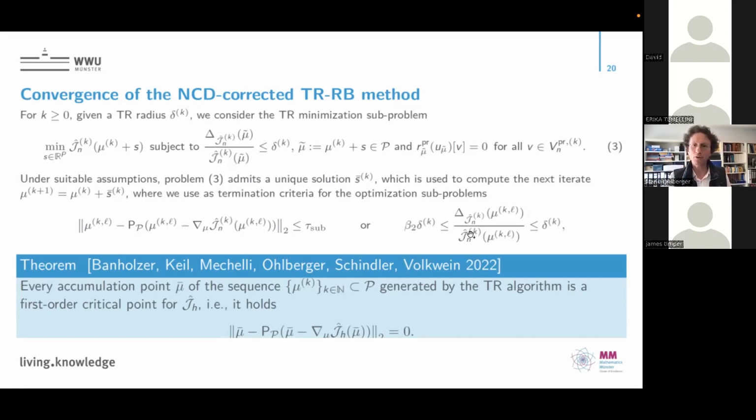And then we have certain criteria which terminate the inner optimization loop. And the overall algorithm then actually converges to a first order critical point of this constrained optimization problem. And as this is a constrained optimization problem with box constraints, we have this projection operator to the box constraints here in the formulation. So everything is fine, and we have a full theory for that.